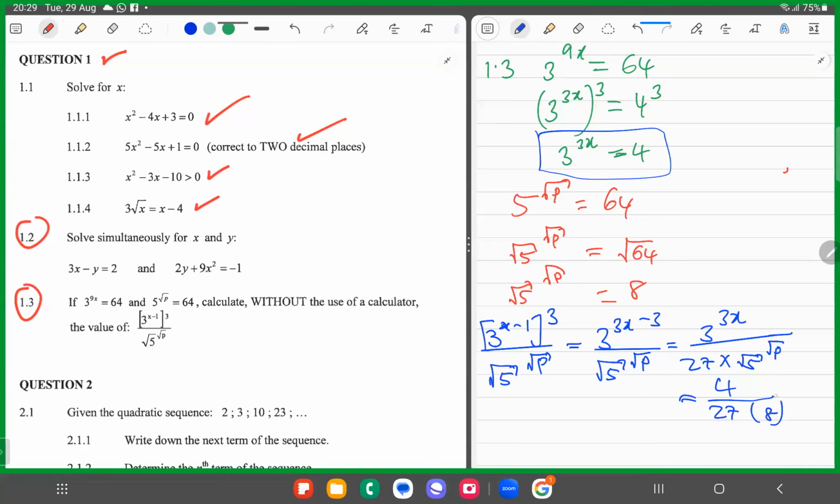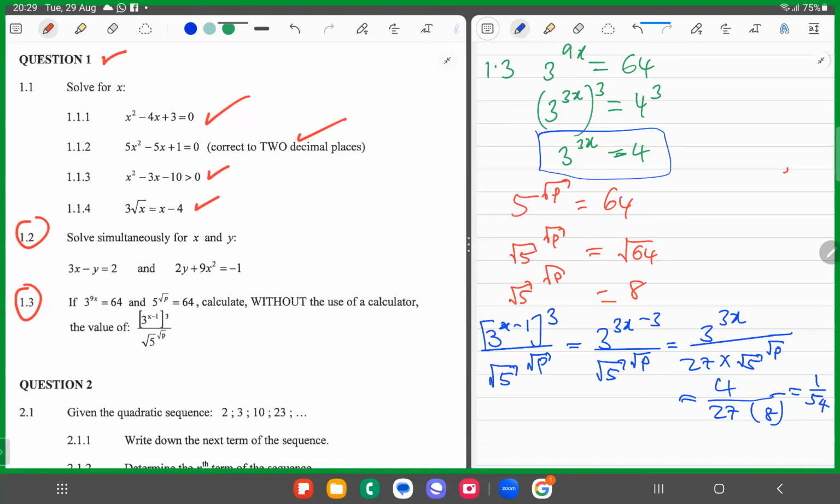The square root of 5 raised to the power p is the same as 8. You simplify everything here, and the result is 1 over 54. And this is what they wanted. 1 over 54. So that is the result.